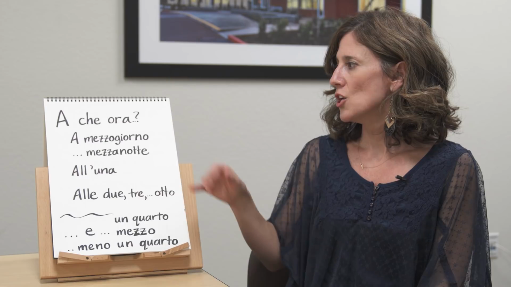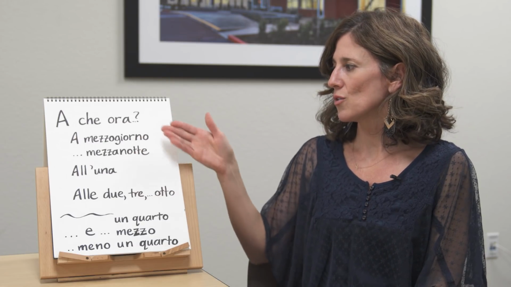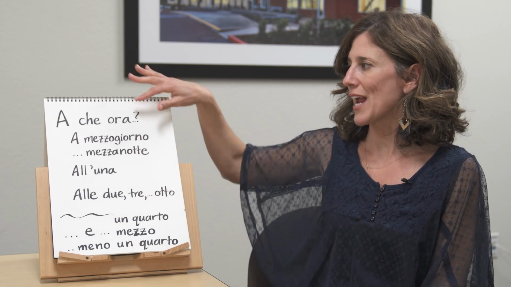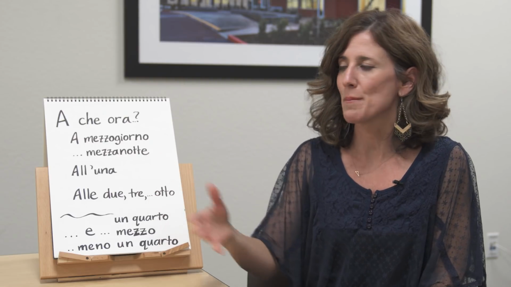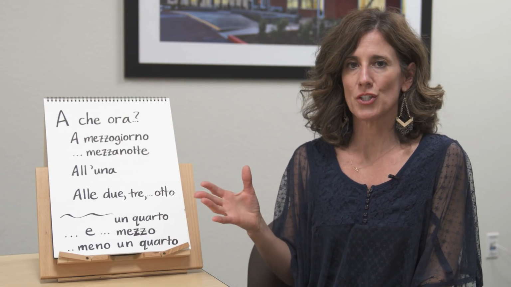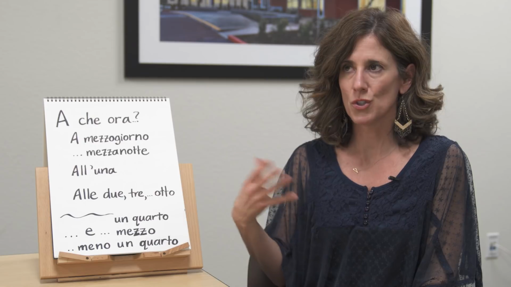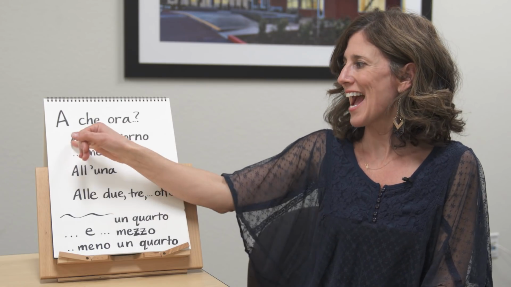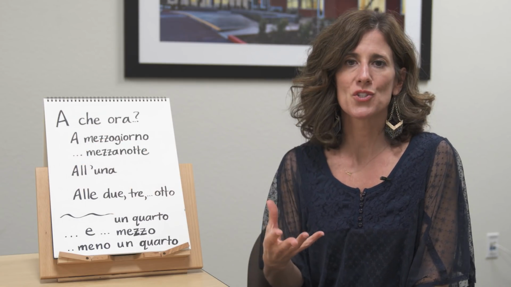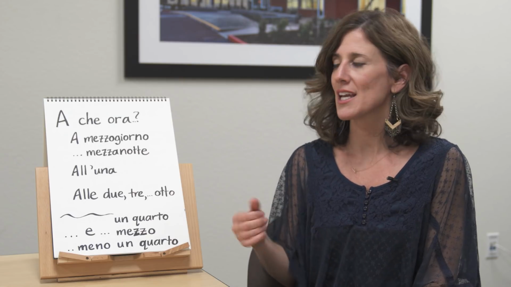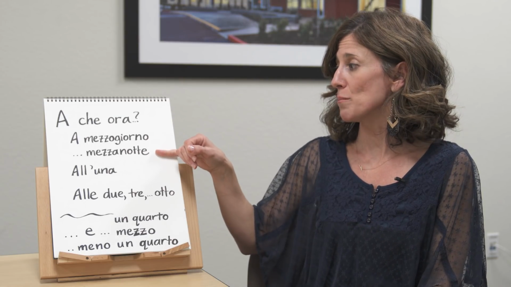Something like that. So when you talk about time and you're answering at what time, these are the rules you're going to use. You're going to say just the preposition a only if it's at noon or at midnight.